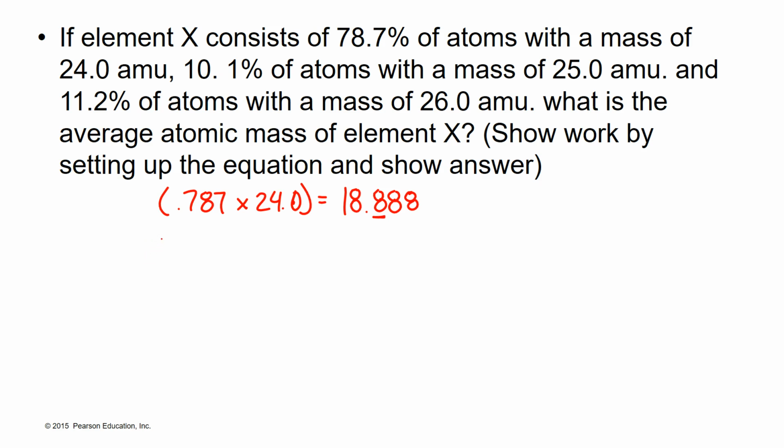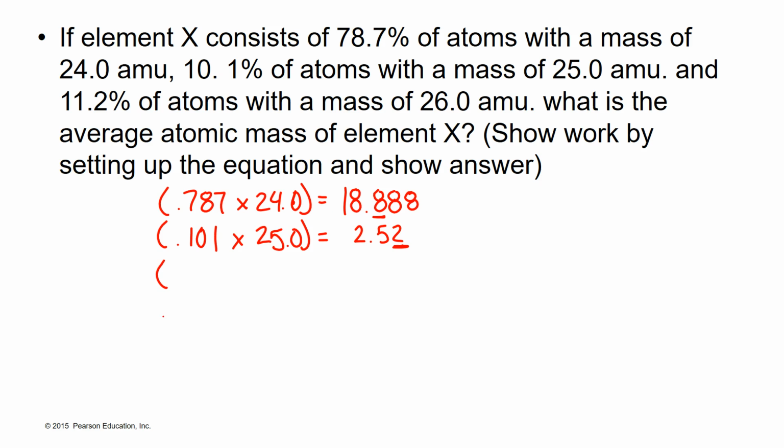The next one was 0.101 because 10.1 divided by 100 is 0.101. And that one's going to be multiplied by 25.0. And so there, I get 2.52 is my answer. And that 2 is my precision on that one because of 3 sig figs each.